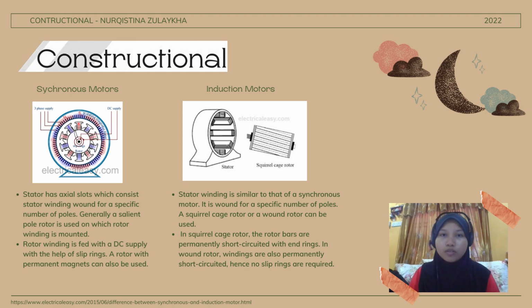This also allows for an increase of the torque. Meanwhile, for the synchronous motors, it uses a squirrel cage rotor or a wound rotor. In the rotor, the windings are permanently short-circuited, hence no slips are required. This is also because the rotor and the stator are in sync. Hence, the AC supply is required.